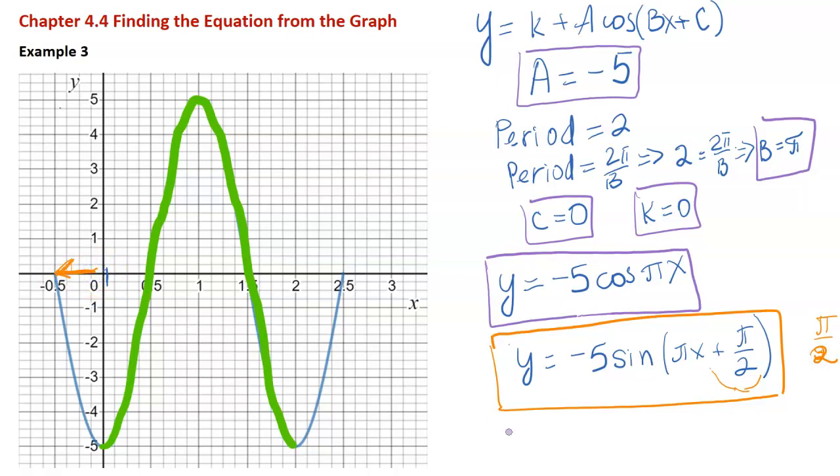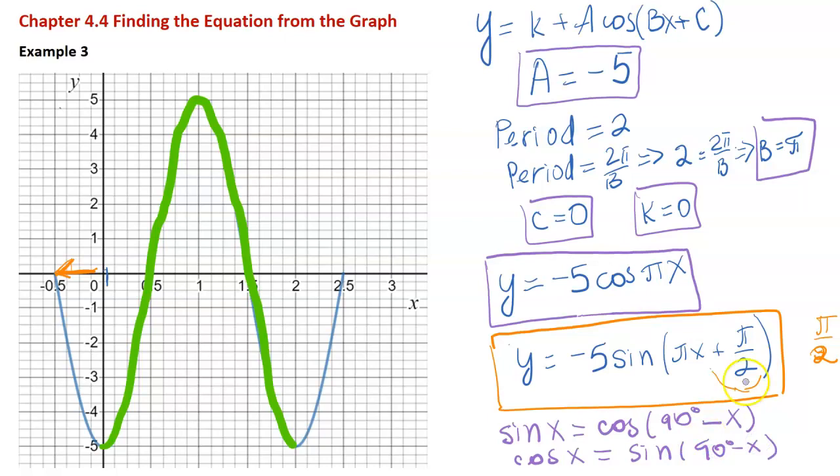Because remember, sine and cosine are cofunctions. So sine of x is equal to cosine of 90 degrees minus x, or we can say cosine x is equal to sine of 90 degrees minus x. So the difference in the graphs will be 90 degrees or pi over 2.